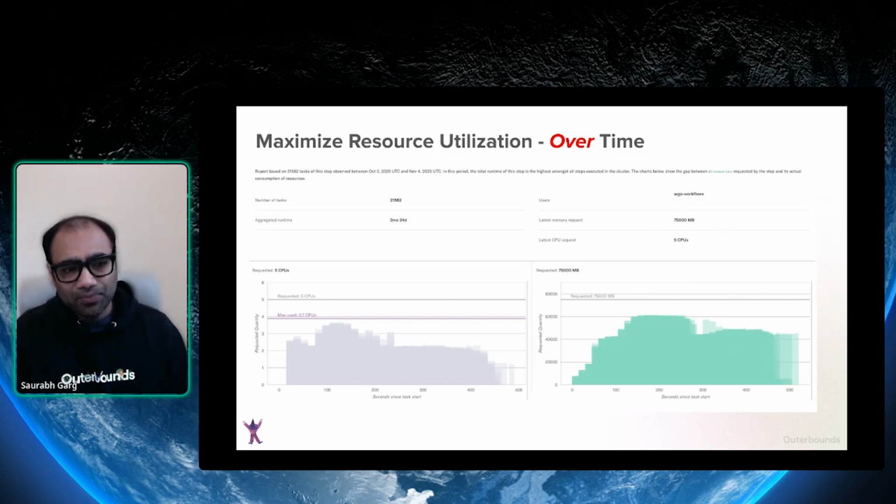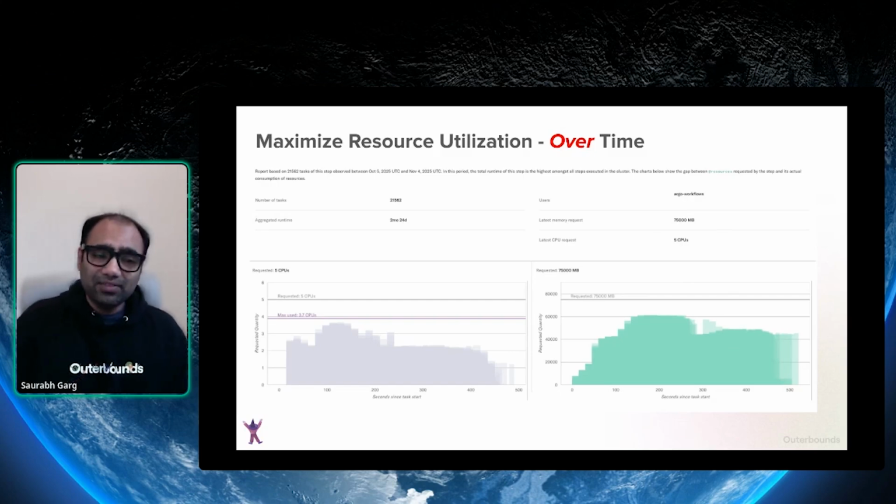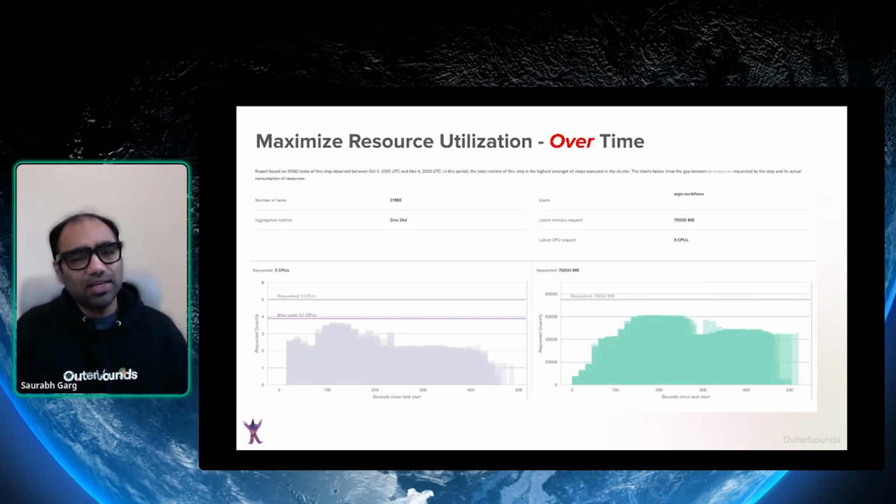On the left side, we requested 5 vCPUs but ended up using only 3.7, almost 4 vCPUs. On the right-hand side, we requested about 75 gigs, and at peak you end up using 60 gigs, which means you don't really need to optimize. You might want to optimize a little on the vCPU side, but the memory side is not so unoptimized that you really need to go in and optimize.